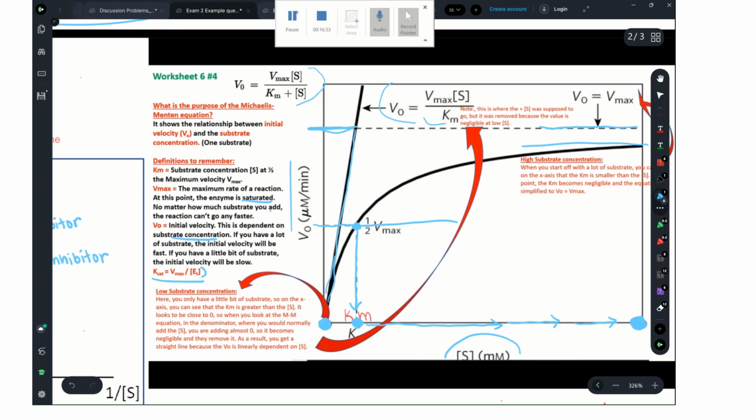So your substrate concentration is higher than your Km value. The Km becomes negligible, and the equation can be simplified to V naught is equal to V max. And basically all of your enzyme is saturated. No matter how much substrate you add, your velocity will not increase.